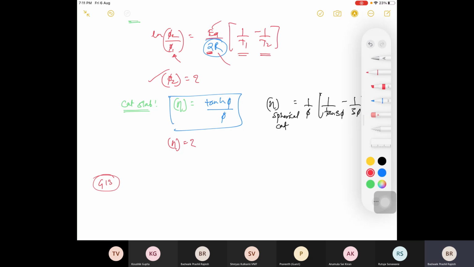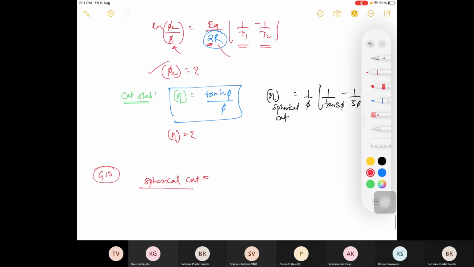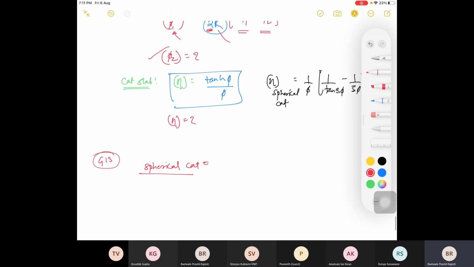Overall rate of isothermal catalytic reaction using spherical catalyst. Diameter is 1 and 2 mm for RA1 and RA2. So RA1 is a rate, RA2 is a rate. Diameter is 1 mm and 2 mm.